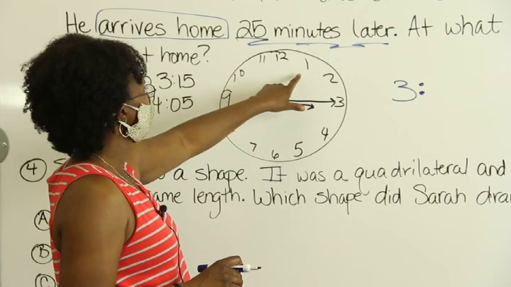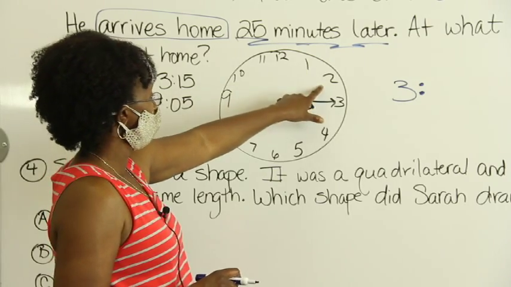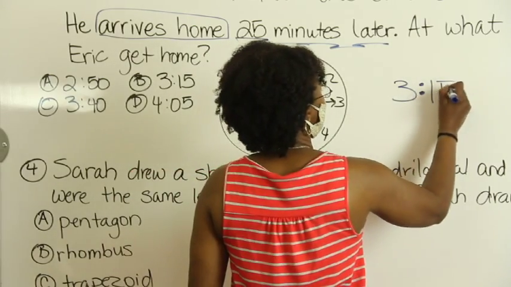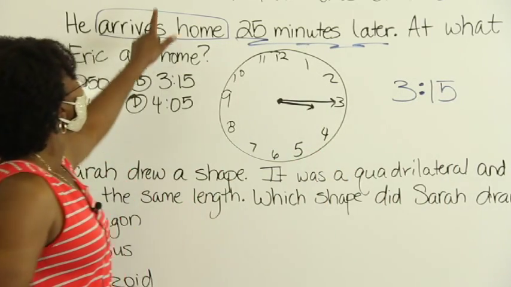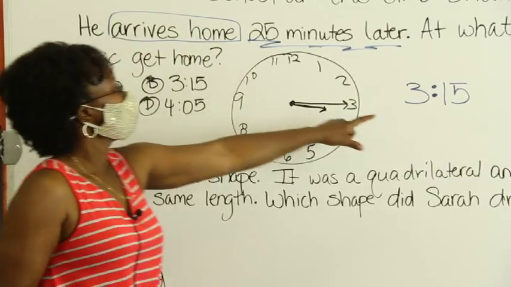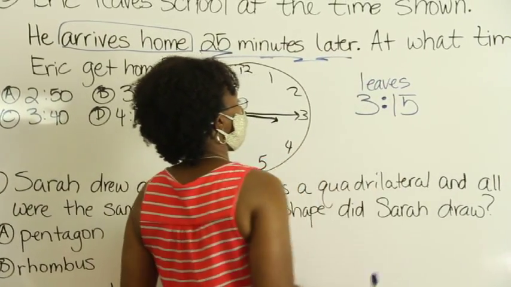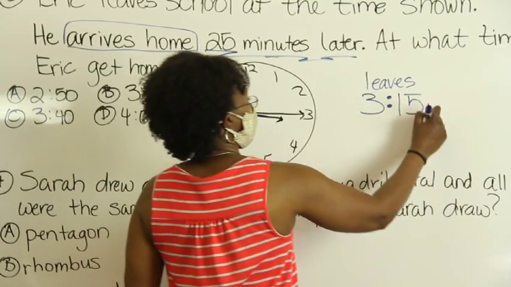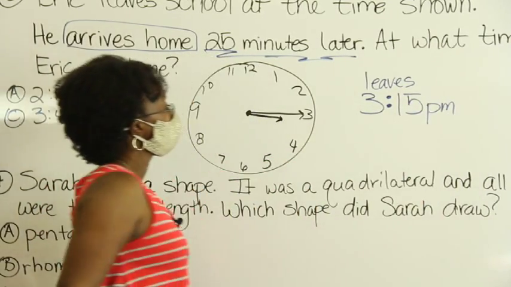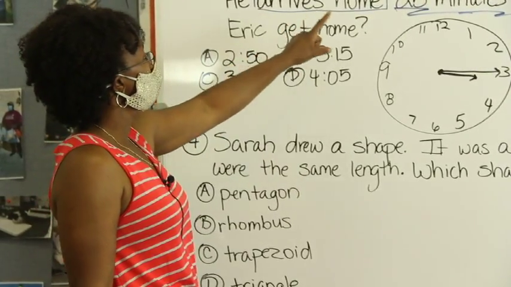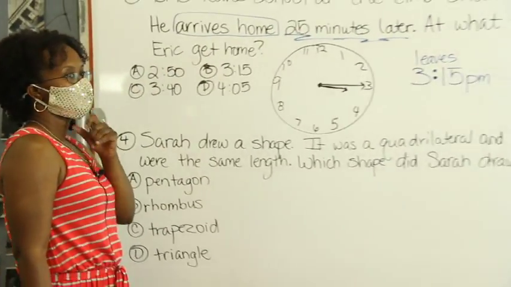So let's just count by fives. 5, 10, 15. So he leaves school at this time. If you need to, you can always do this. All right? So you know that he got home in 25 minutes.